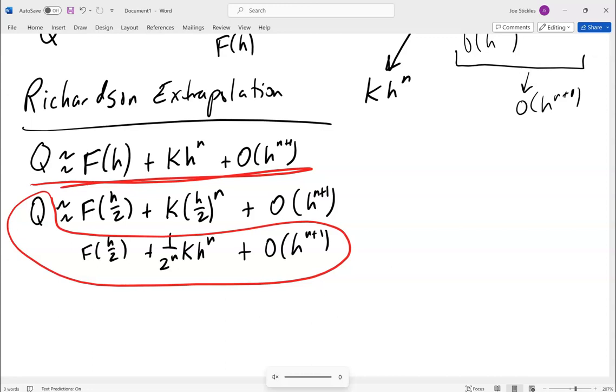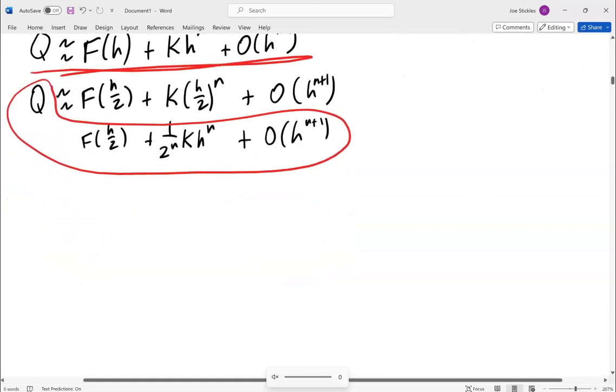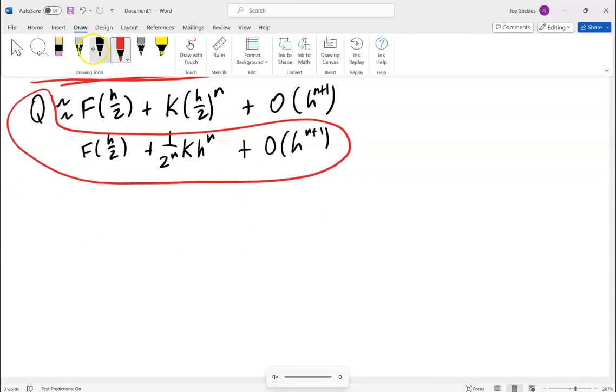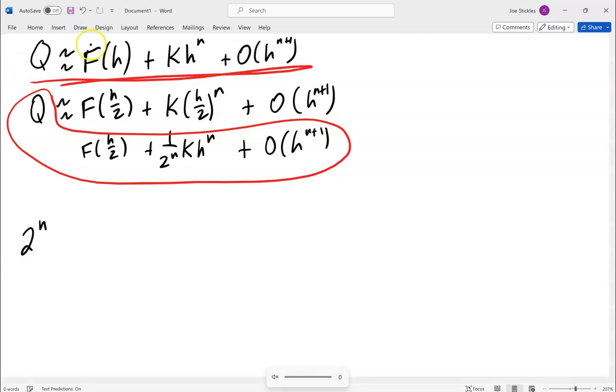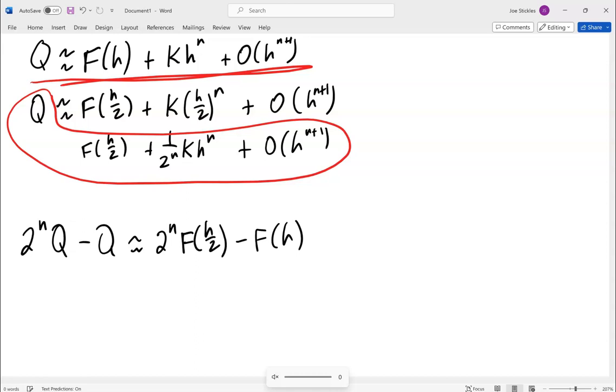We'll have 2 to the n q minus q. That'll be 2 to the n f of h over 2 minus f of h. Right? 2 to the n times the bottom one, subtract up.